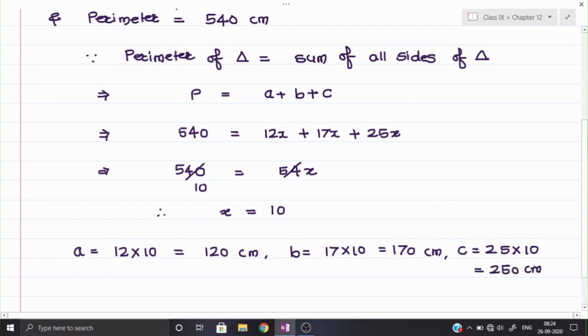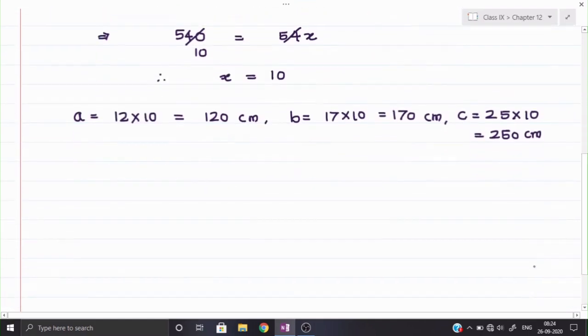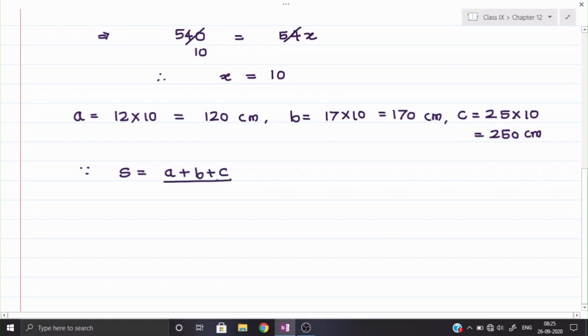Now the second part of this question is to find the area of the triangle. Before we apply Heron's formula, we require the semi-perimeter. So we shall first find the semi-perimeter. S will be equal to a plus b plus c upon 2.